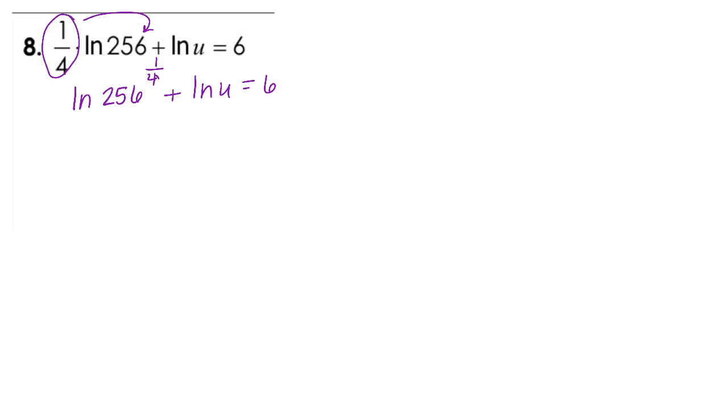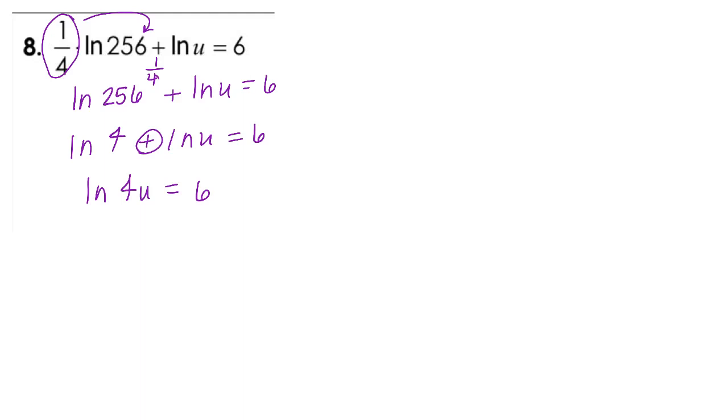And the fourth root, that's what the 1/4 means, fourth root of 256, that's going to be 4, I want to say, plus natural log u equals 6. And so putting this together with multiplication, we have the natural log of 4 times u equals 6.